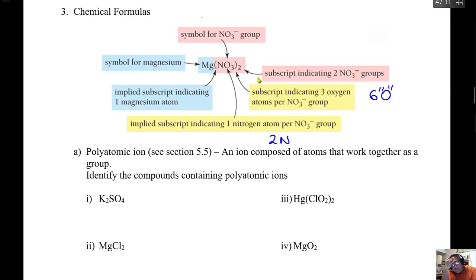Okay, so how do you know, and this is what we call a polyatomic ion. When we name polyatomic ions, it's different than when we name monatomic ions. I kind of blew through it a little bit in the earlier chapters, but when we name a monatomic ion that's an anion, we just add the IDE to the end.